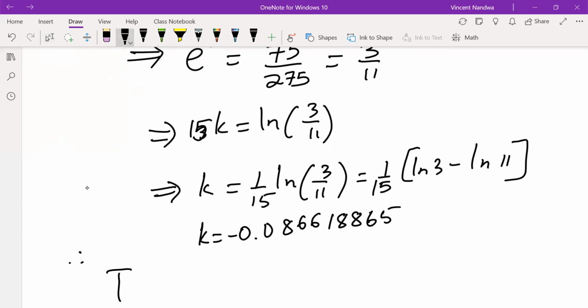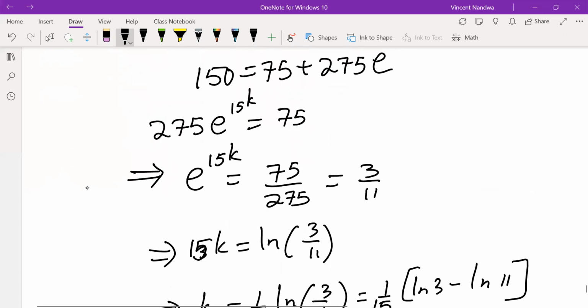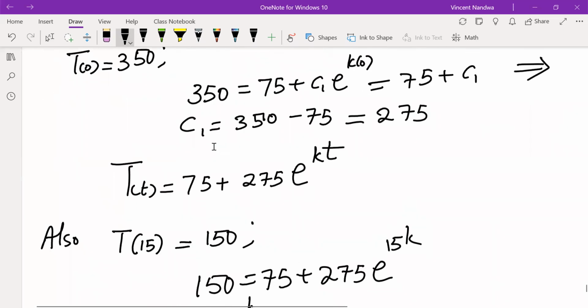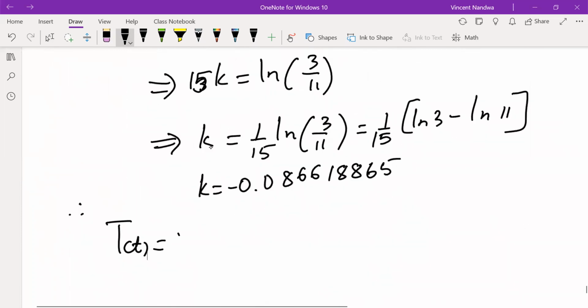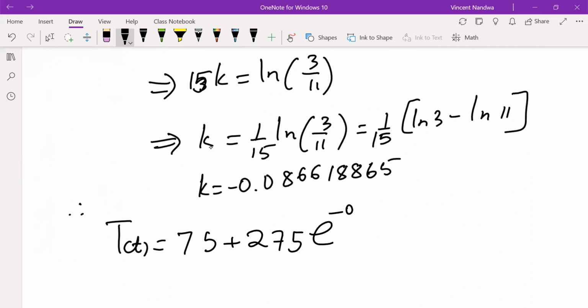Therefore, our model is T of t equals 75 plus 275 e raised power negative 0.086619 t.